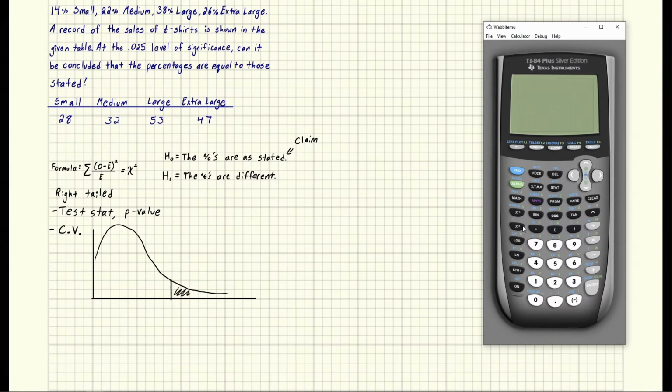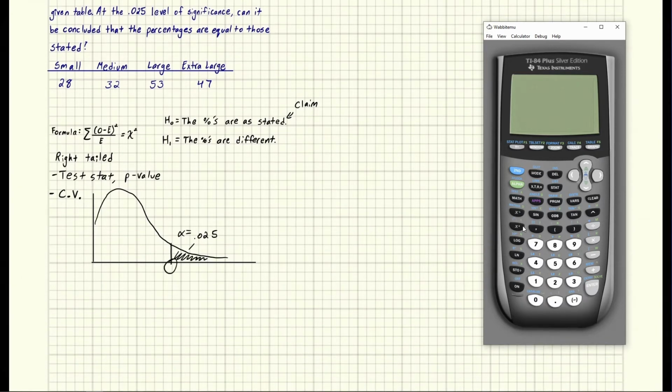So it's 0.025, over here. That is our alpha. So we want to know the value that would go here. That would be our critical value. And we also want our test stat, to see if it falls in the shaded region. And it follows the same rules as the other ones. If it falls in the shaded region, we reject H naught. If it doesn't, then we fail to reject H naught.